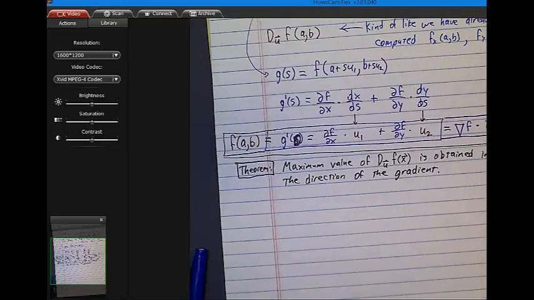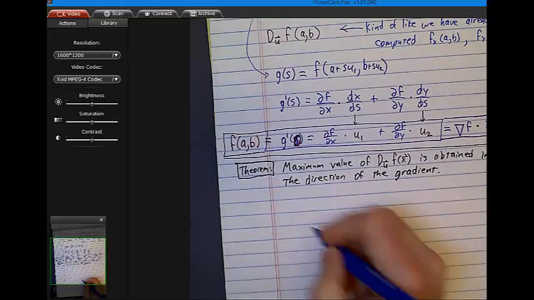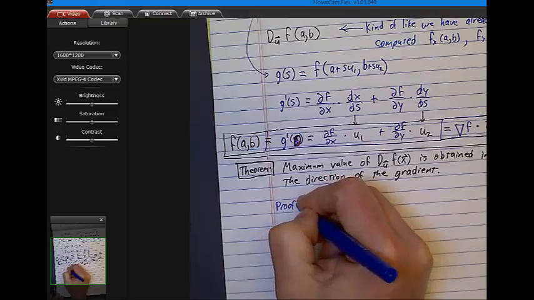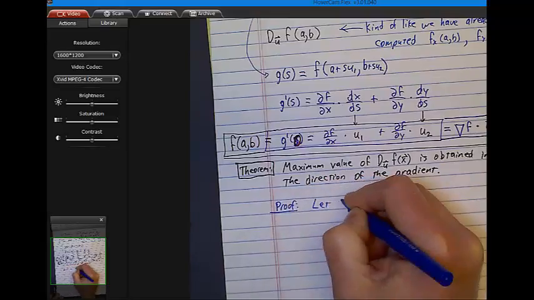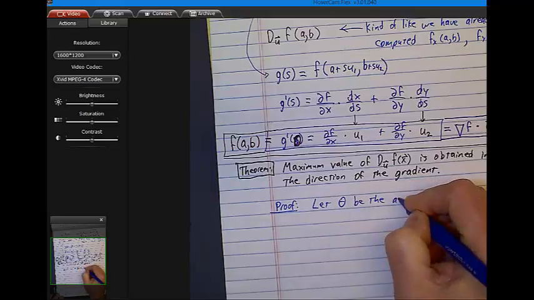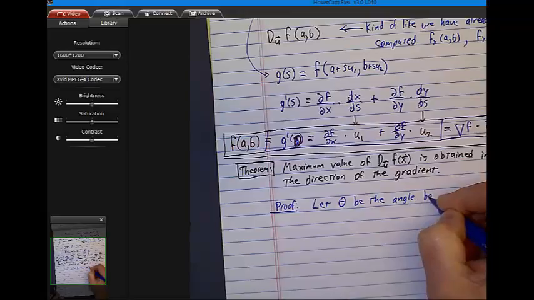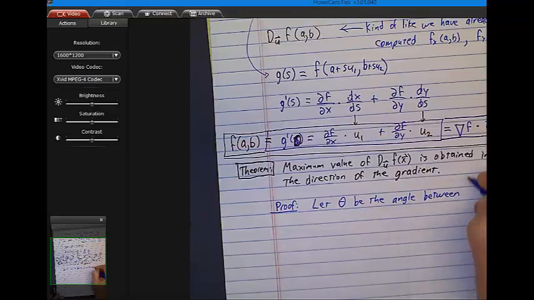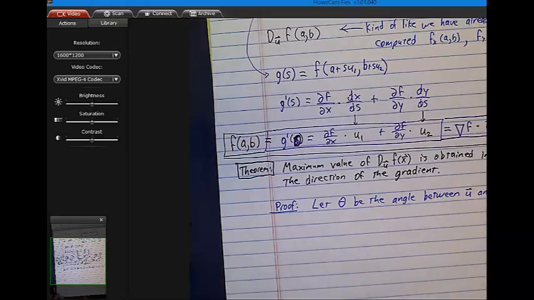And here's our proof. Let theta be the angle between my unit vector u and my gradient vector grad f, okay? So again, f is a function. When you put this symbol in front of it, you're getting the gradient vector.